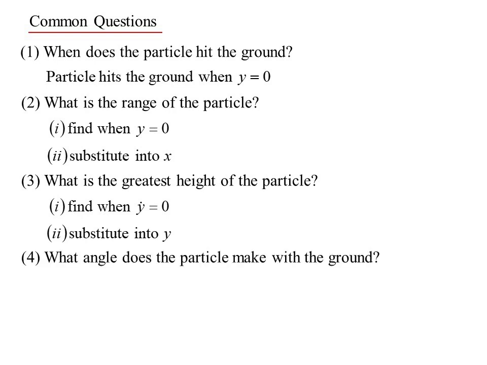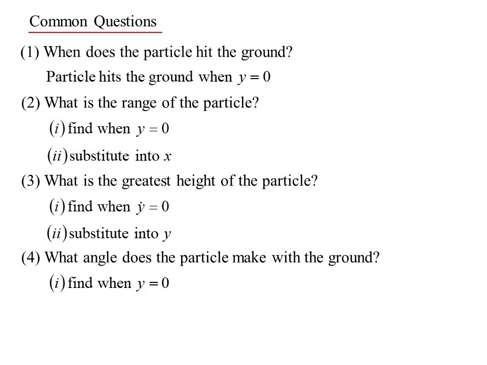What angle does the particle make with the ground? Now, if you've projected from the ground, that question's real easy because it's a parabola, it's symmetric. So the angle that it takes off has got to be the angle that it lands with as well. Right? Sure, in opposite directions, but it's got to be the same. But if it's at any other points, well, of course you can't do it that way. So how do you find it?